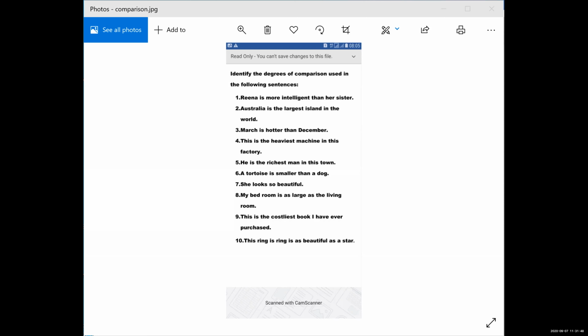Just make a guess. Positive. Very good. It's positive. So whenever you see as, then an adjective, and as, it is positive. As large as, as beautiful as, as smart as. Because the comparison level is equal, so it is positive.